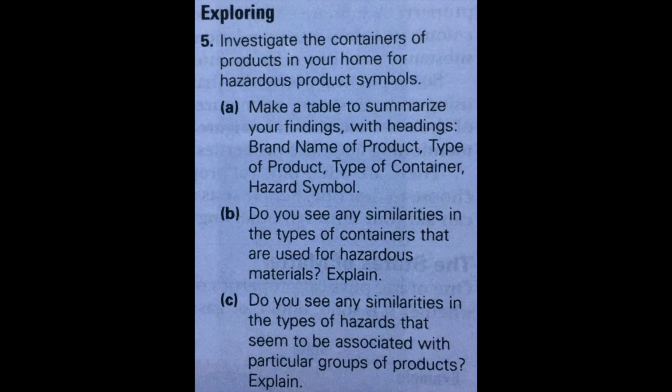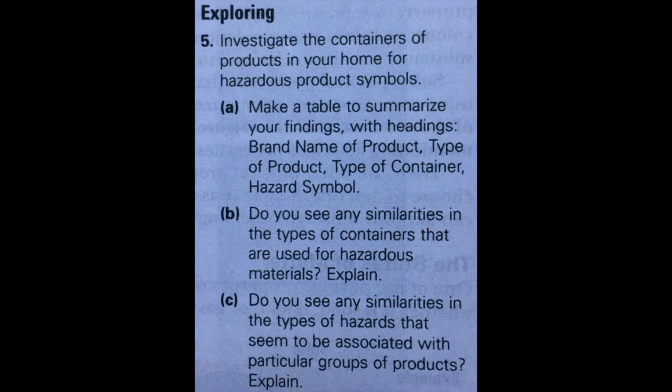Number 5, investigate the containers of products in your home for hazardous product symbols. Make a table to summarize your findings with headings: brand name of product, type of container, hazard symbol. B, do you see any similarities in the types of containers that are used for hazardous material?